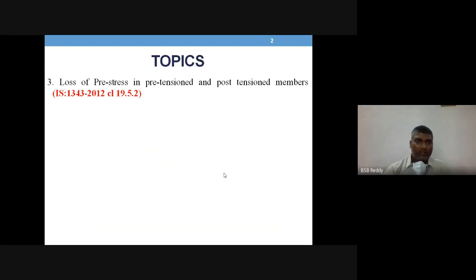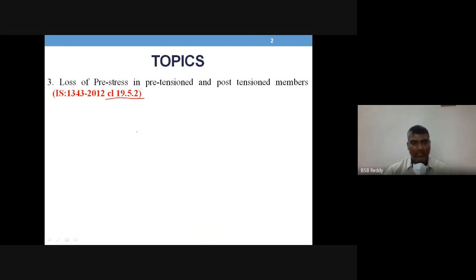As I mentioned here, you can see the IS code, the corresponding clause that is to be followed exclusively for loss of pre-stress is 19.5.2.